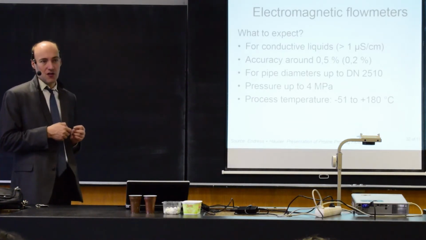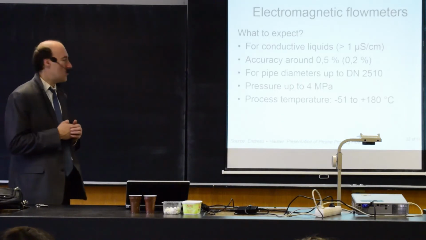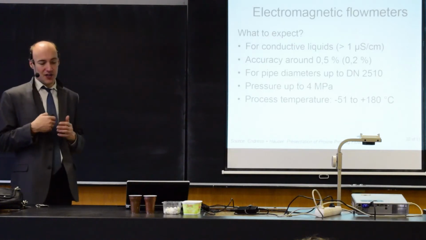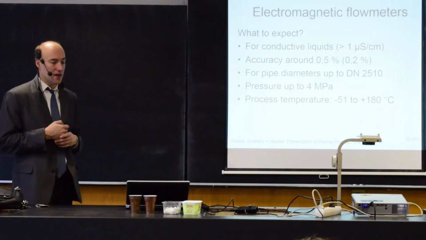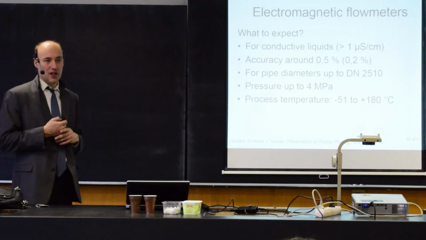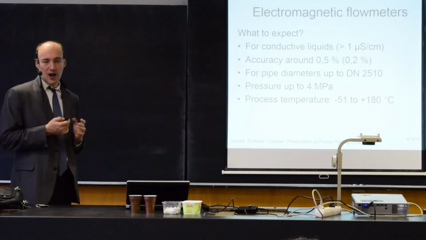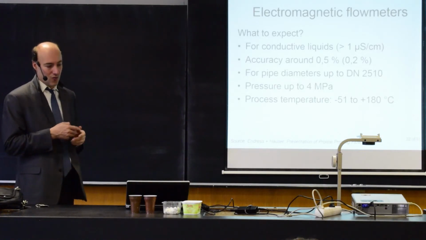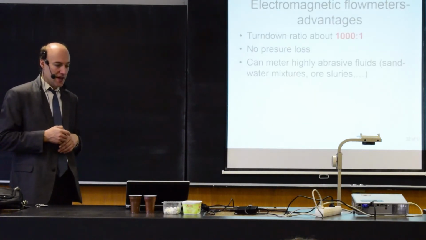The pressures are smaller than the Orifice plate, so here you can see 4 megapascals, and the temperatures are smaller as well. Let's say the same range like the ultrasonic flow meter, up to 180 centigrades. For the Orifice plate we had roughly 1000.